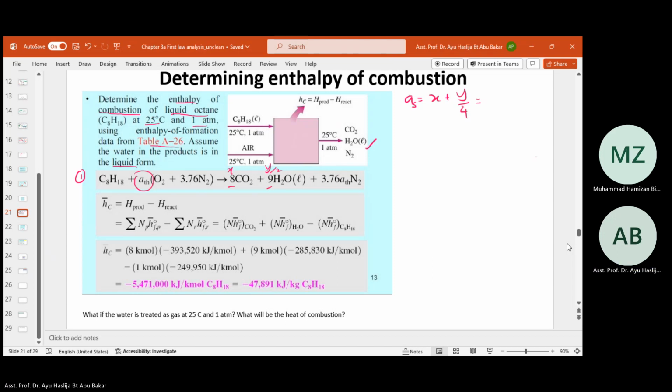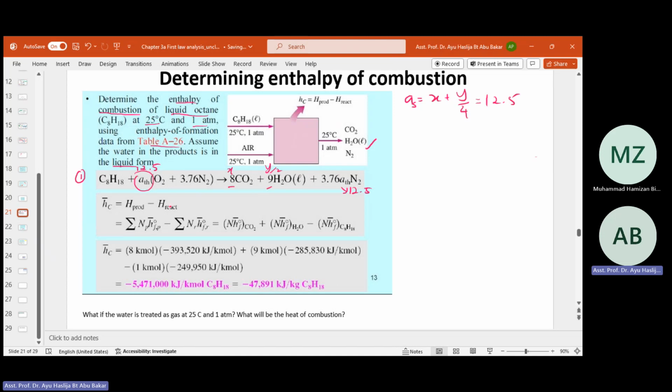Betul. Okay, so then include in the equation. Ini pun 12.5 for the nitrogen. Okay, then dari situ kita boleh identify how many moles of the product and how many moles of the reactant.